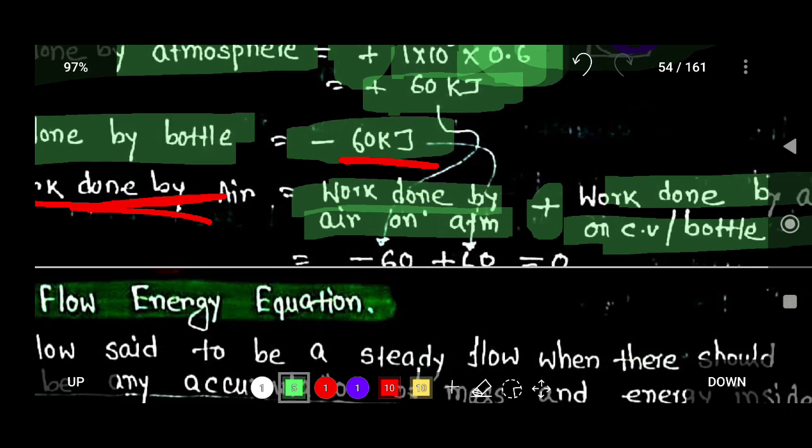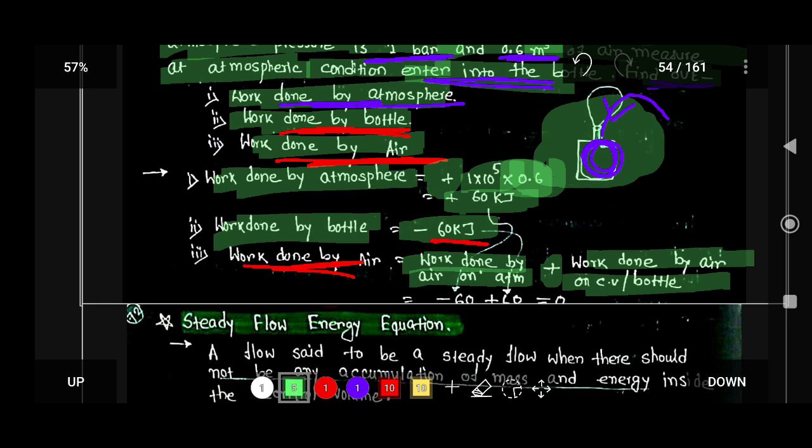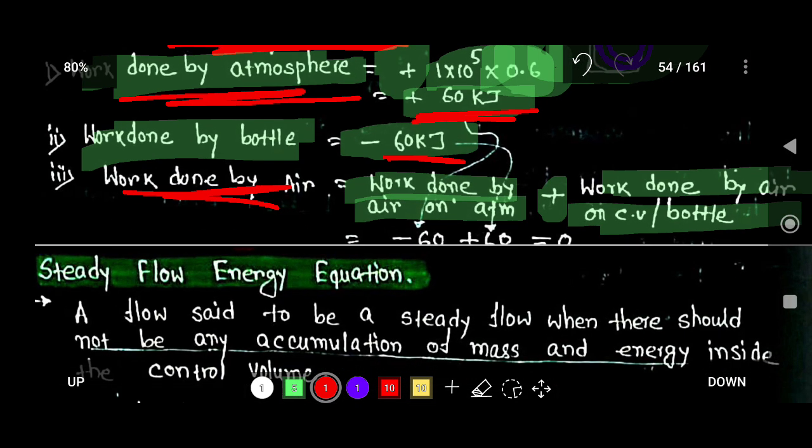Work done by atmosphere is plus 60 kilojoule. But for the work done by air on atmosphere, the sign changes, that is minus 60 kilojoule. So minus 60 and plus 60, that is why this is equal to 0.